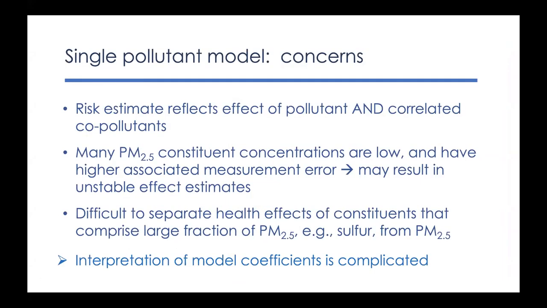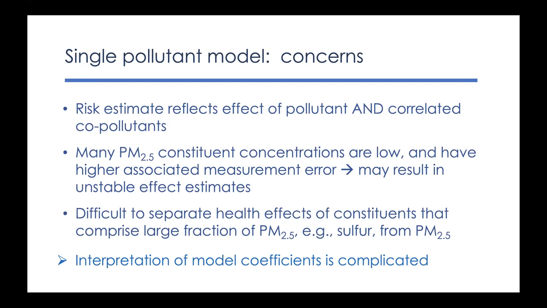That's because the single pollutant models have several concerns that are inherent to the models themselves. As shown on this slide, there are several concerns about single pollutant models that have been mentioned time and time again. Single pollutant models are intended to reflect the association of the component of interest with the health outcome of interest. But in reality, the risk estimate reflects the effect not only of that pollutant of concern, but also of correlated copollutants.